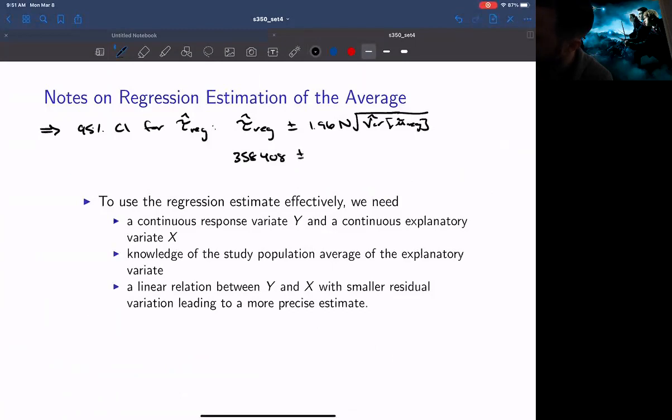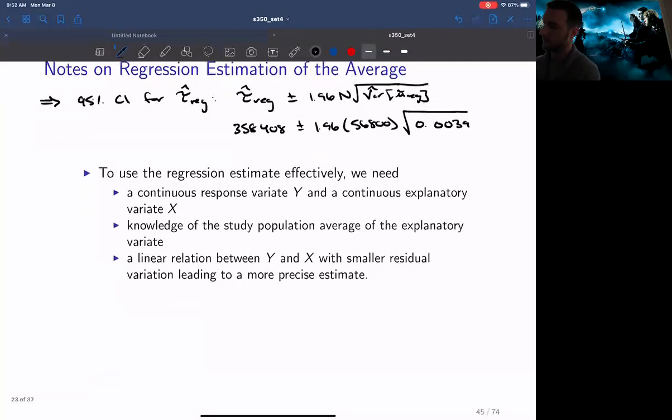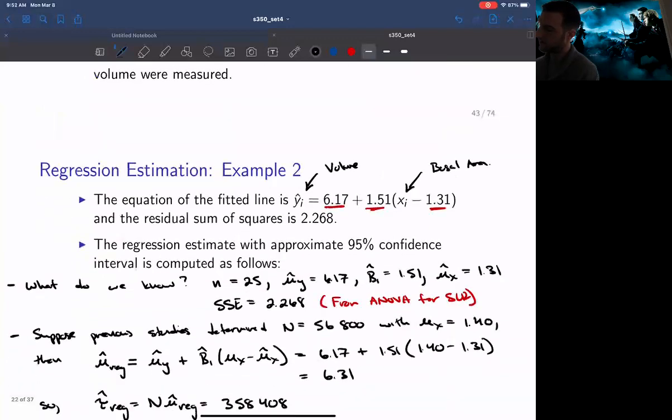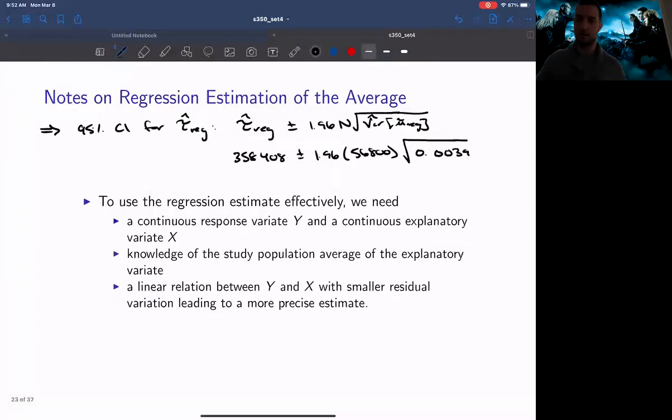Okay, and then that's going to give us 358,408 plus or minus 1.96 multiplied by 56,800 times the square root of 0.0039.